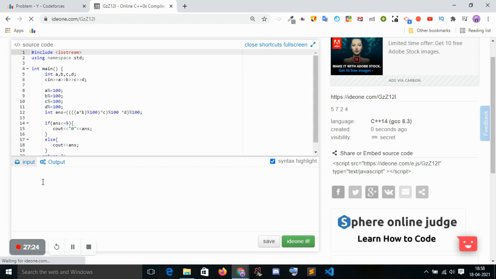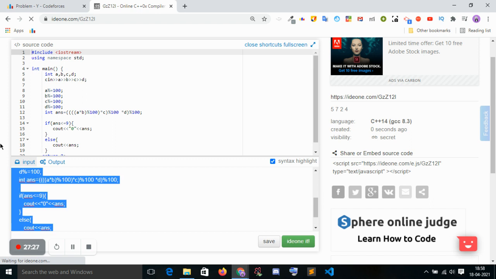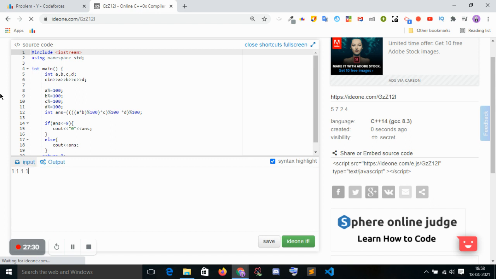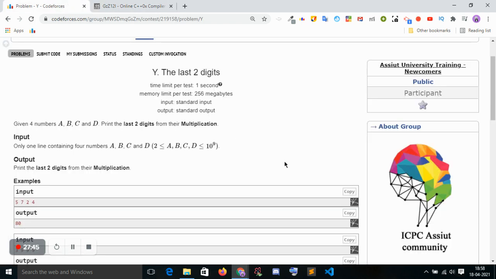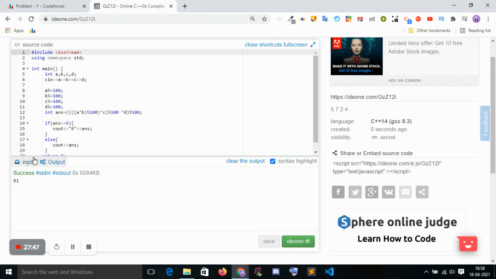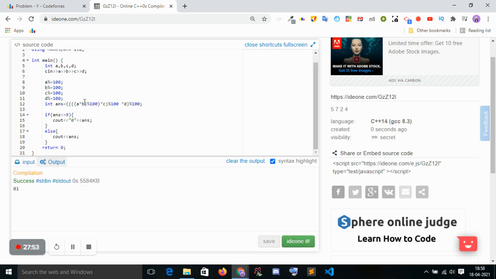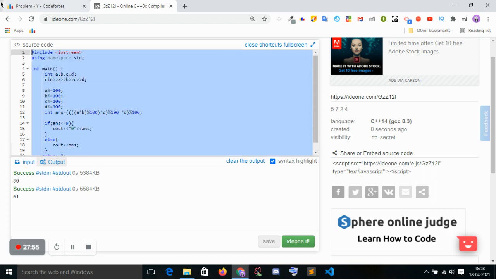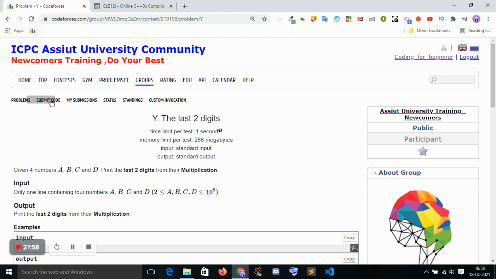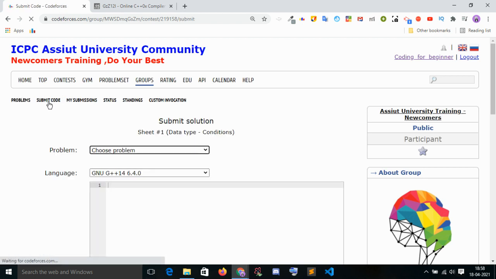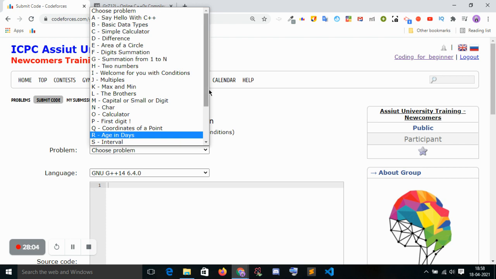With the input 1 1 1 1, the answer should be 01. Let's try with another input and check whether it is correct or not. It should definitely be 80, so our answer is correct. So just read about the modulus operator. This was the last two digits problem.